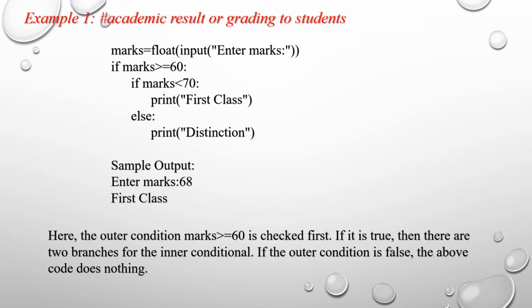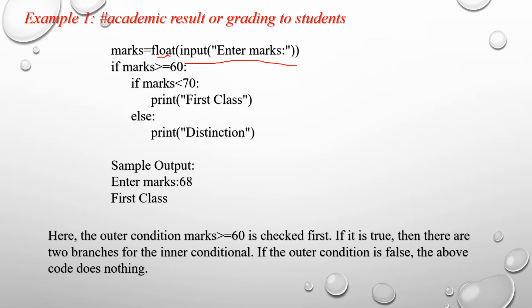Let's consider one example. Here marks is equal to float. Float is the type conversion. Float of input, enter marks. This statement is asking for user input, the marks. The second statement is the conditional statement.